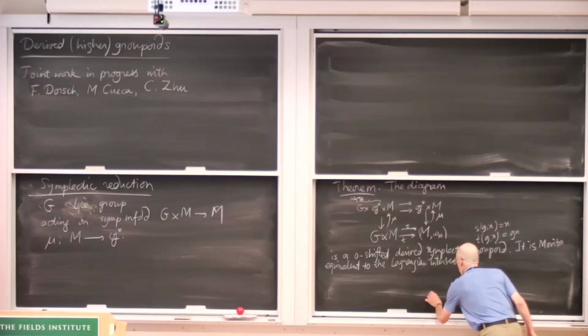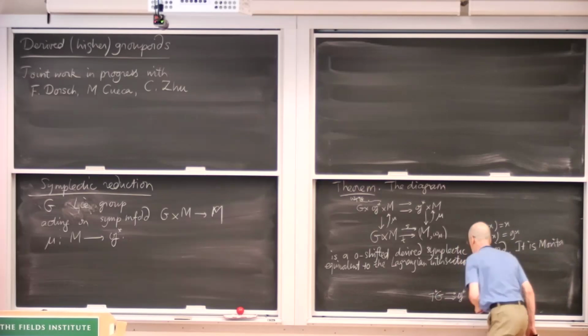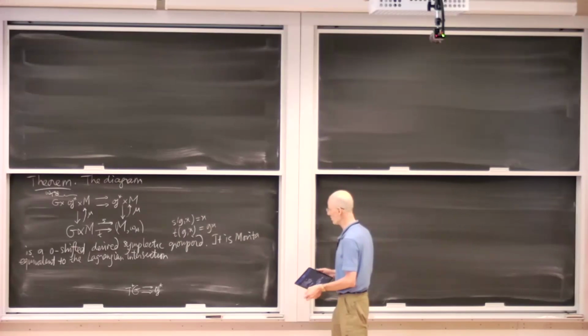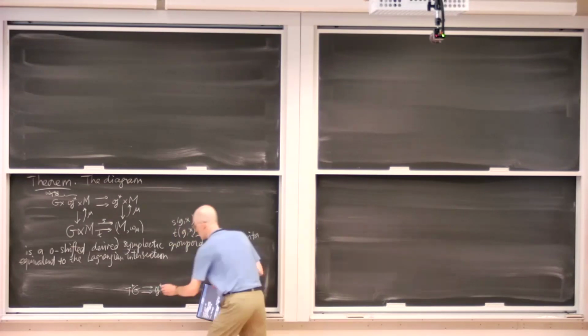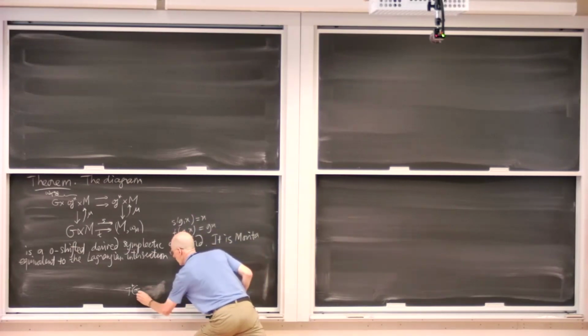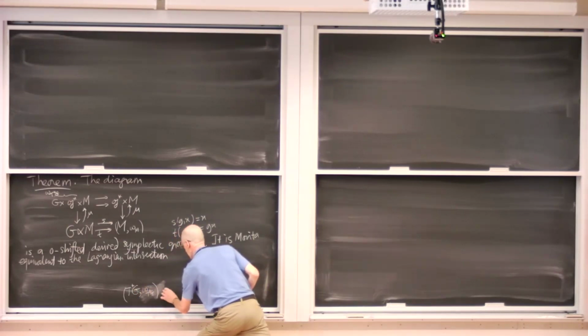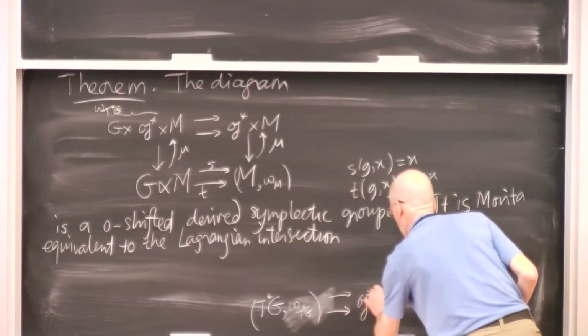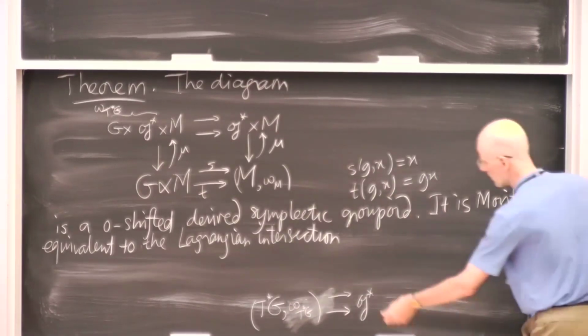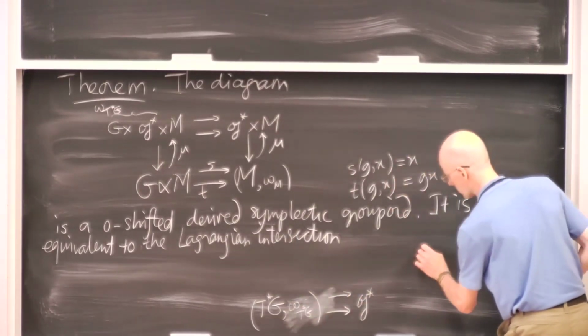Well, there's the cotangent bundle of the group, which is a groupoid over g star, a groupoid with a symplectic form on the arrow space. So let me record that. And this groupoid, this symplectic object, has two Lagrangians.